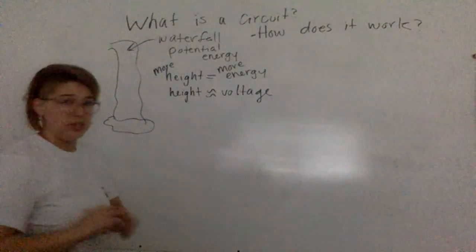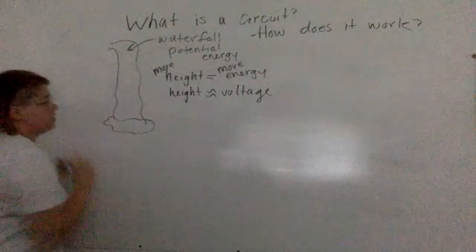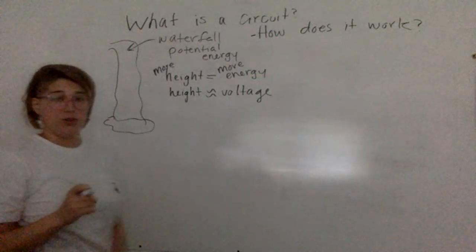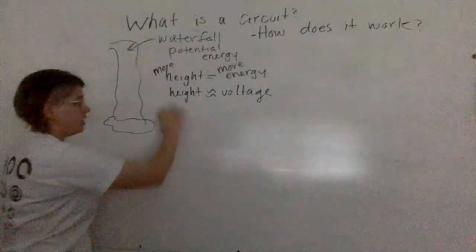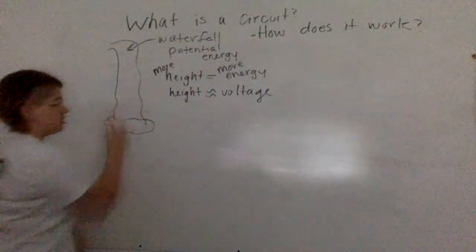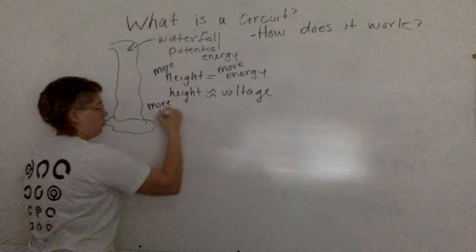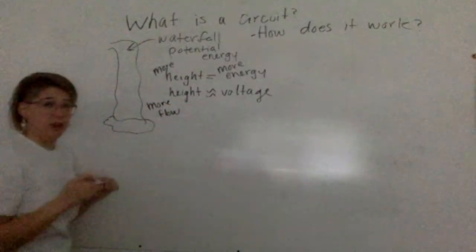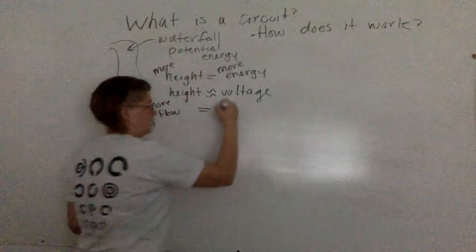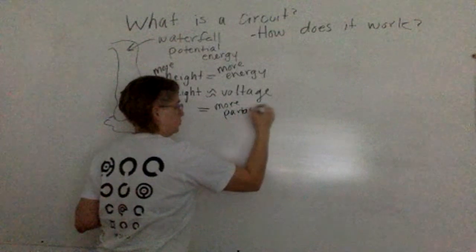Also, if we increase the size of this waterfall, or you can think of it this way, if I am changing the flow of my waterfall, so if I have more flow, I'm going to have more particles, right?